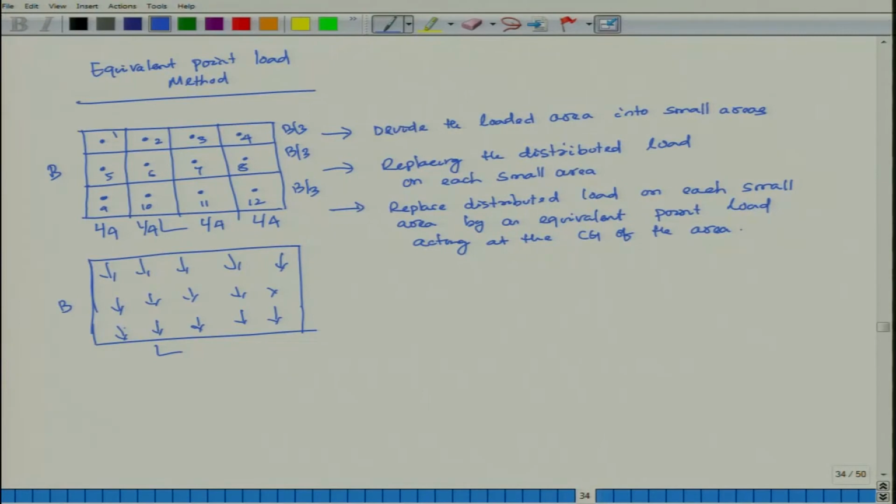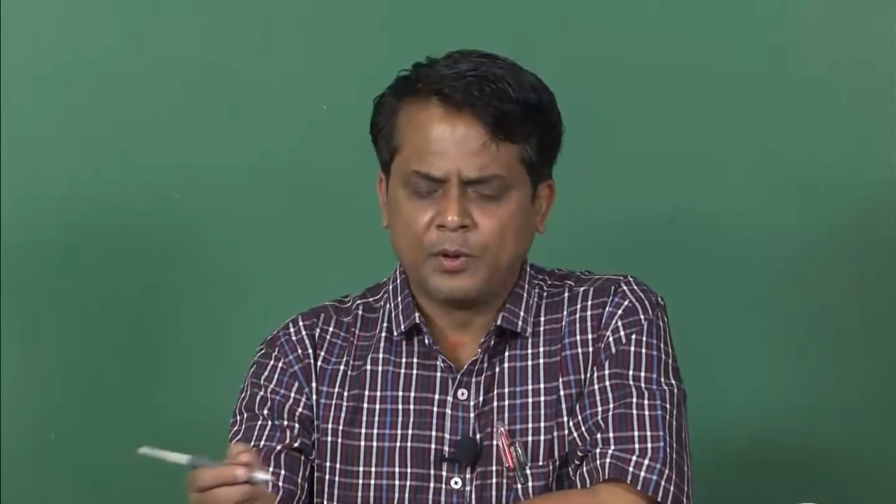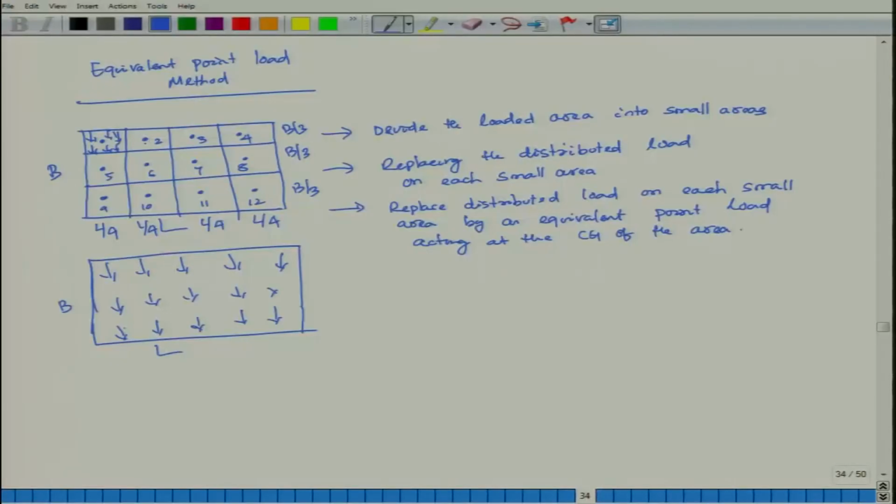Then replace the distributed load over this area with an equivalent point load. That equivalent point load will act on the CG. From a mechanics point of view, it is not exactly true.